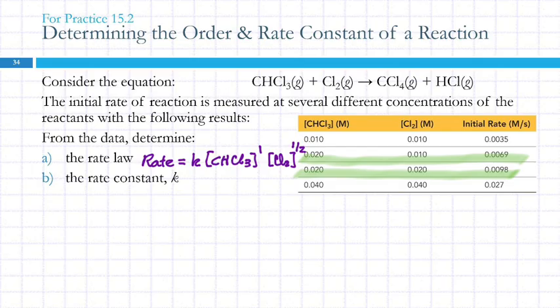So we're going to take our rate law here, and we're going to plug the numbers in. So the rate is 0.027 molarity per second. That's equal to the rate constant, which is what we don't know, times CHCl3 concentration, 0.040 to the first power, times the Cl2 concentration, 0.040 to the 1/2 power.